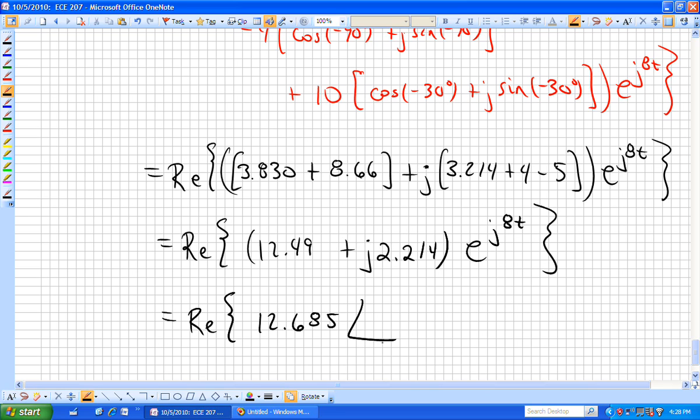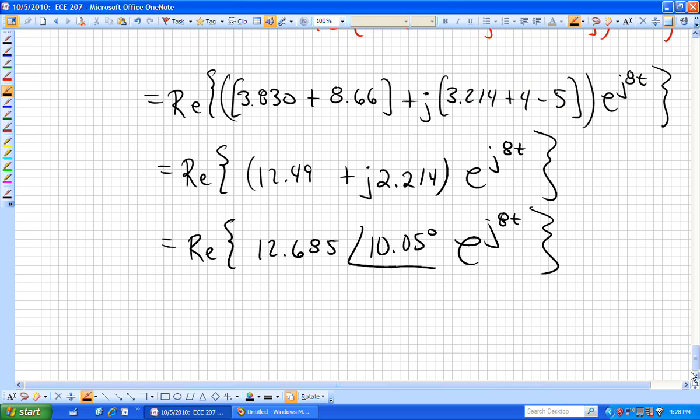In terms of a formula, how would you find that angle? Can you see where we are vectorially? We're 12.49 in the real direction. Arctan of the imaginary part over the real part. And that ends up being roughly 10.05 degrees, e to the j8t.